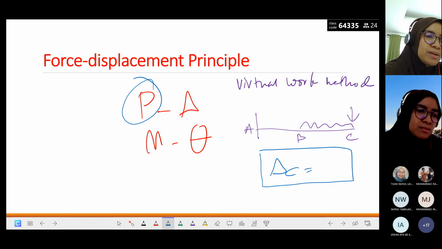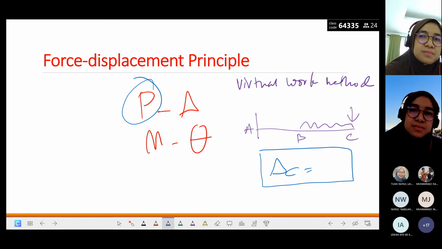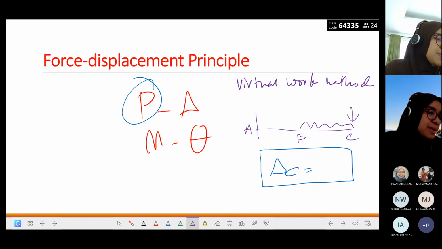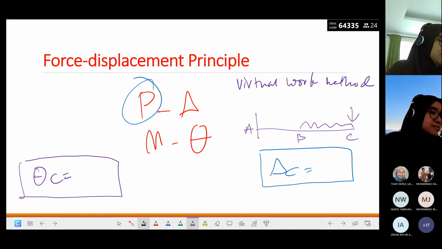If you want to calculate delta C, why? If you want to calculate theta at C, what do you apply?